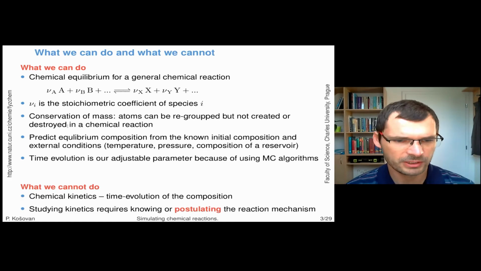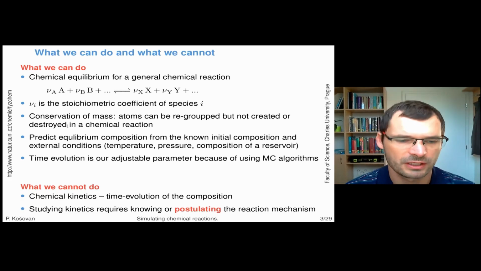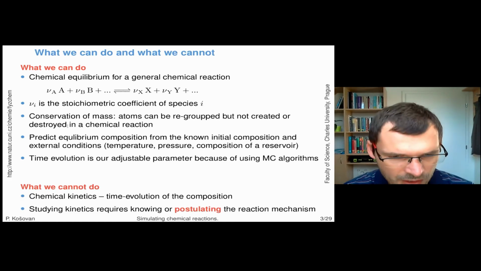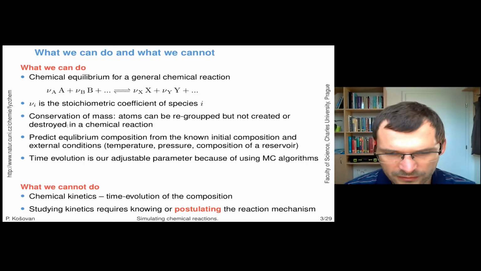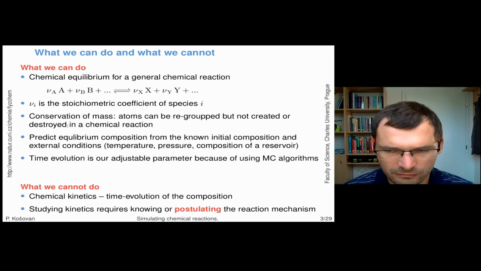And that brings me to an important point to say what we actually cannot do. We cannot do chemical kinetics. That means we cannot study the time evolution of the composition of a realistic reacting mixture. And this is because if we would like to study the kinetics, we would need to know or postulate the reaction mechanism.